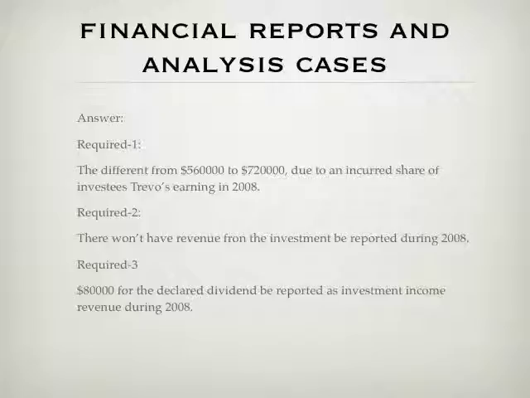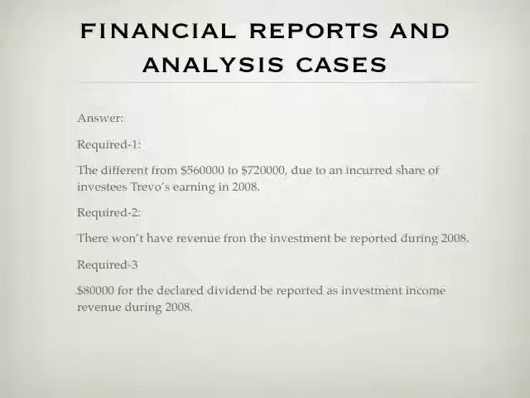So this is the answer for the first one. The difference from 560,000 to 720,000 is due to the share of investee Trevor's earnings in 2008, because this indicates there has been a pretty good investment year for Woodrow.